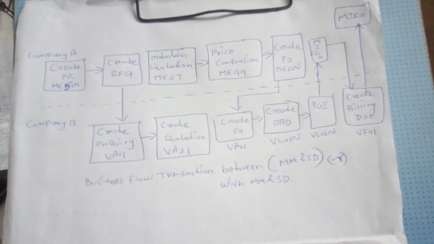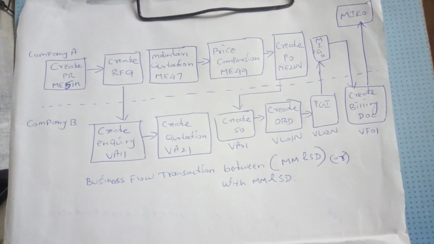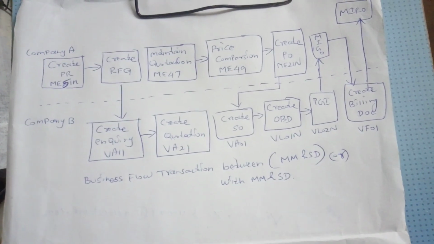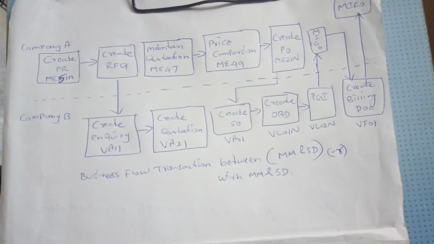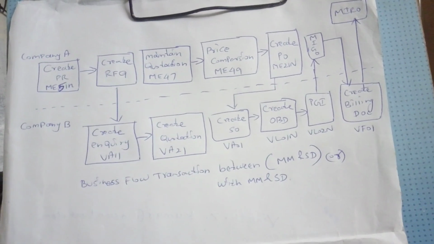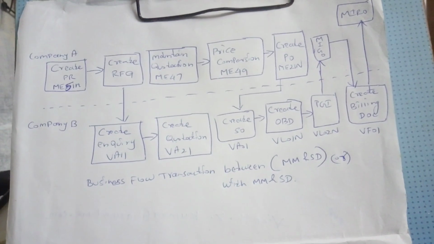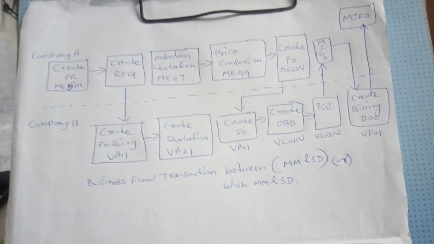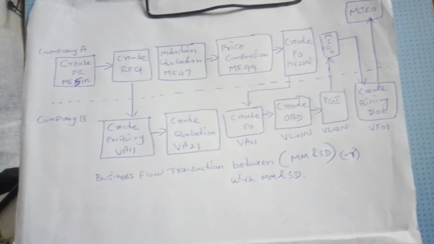So he decides or confirms the best supplier. Now he is creating a purchase order in transaction ME21N. It is an Easy Enjoy transaction, and the older transaction is ME21, as everybody already knows.